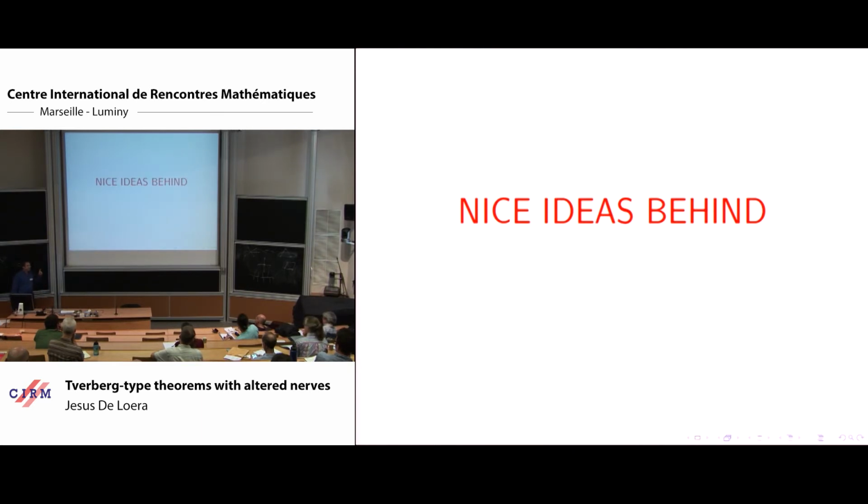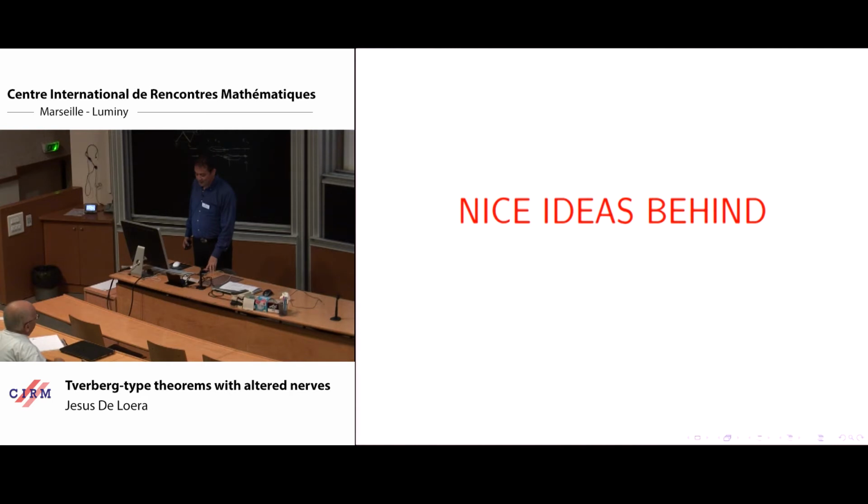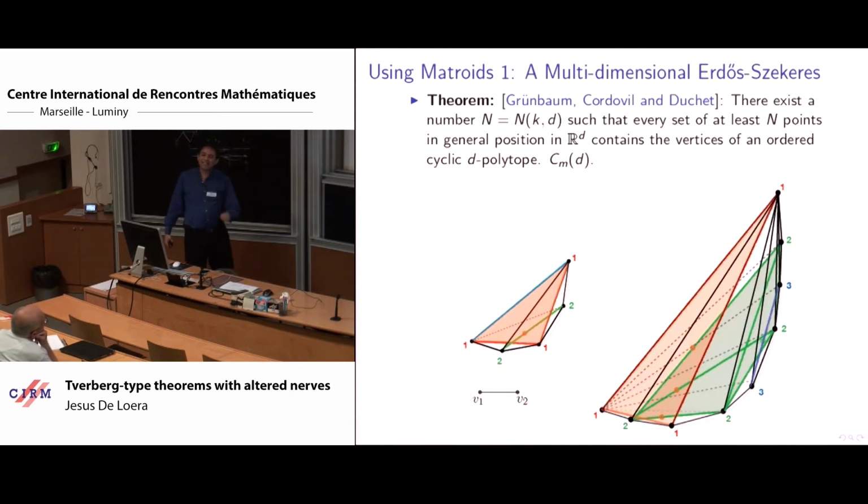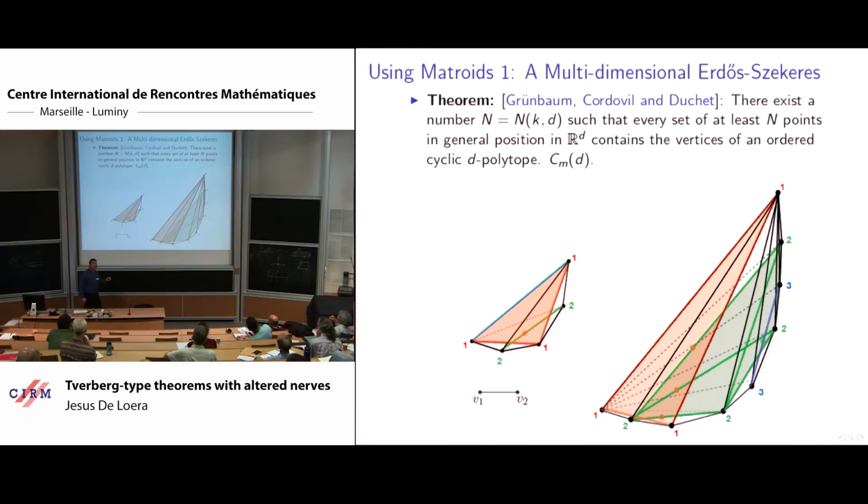Because I would like to talk about oriented matroids, let me tell you a few things about where oriented matroids come into play. One essential ingredient where we use oriented matroids is to prove our theorems: we needed the multi-dimensional Szekeres theorem. Erdős and Szekeres proved their theorem for the plane originally.